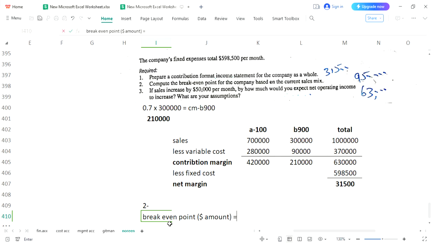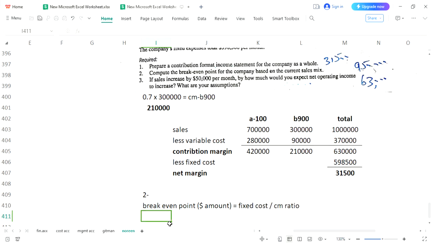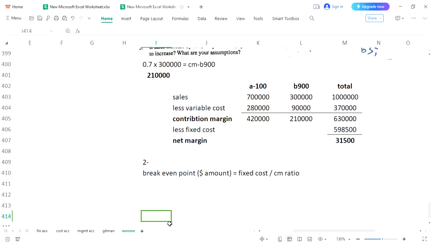For that you need to have fixed cost and you will divide it by CM ratio. And as usual, CM ratio would be calculated by dividing your contribution margin by sales.